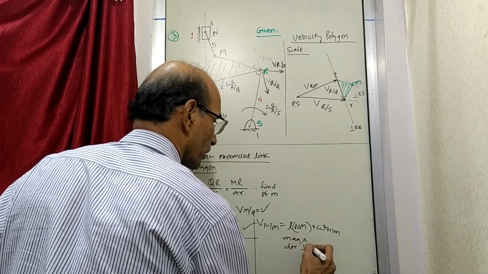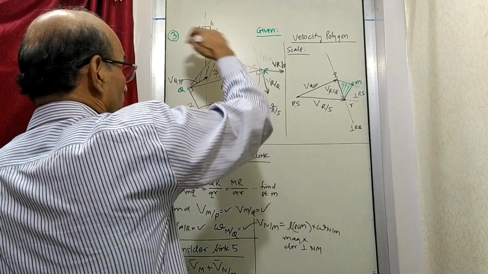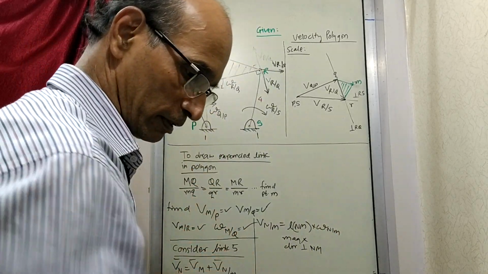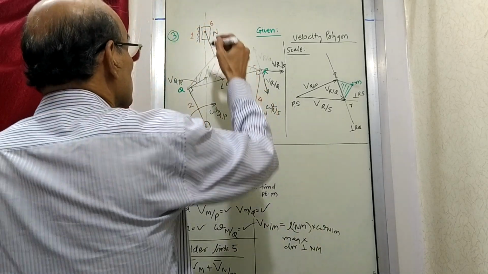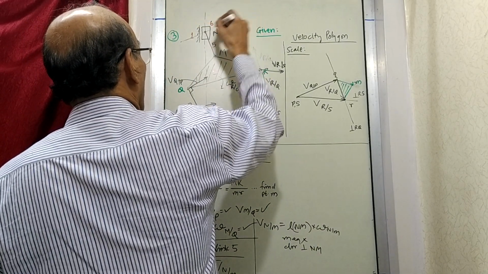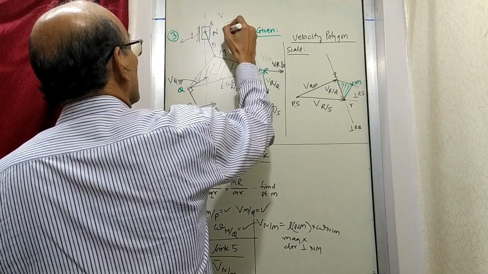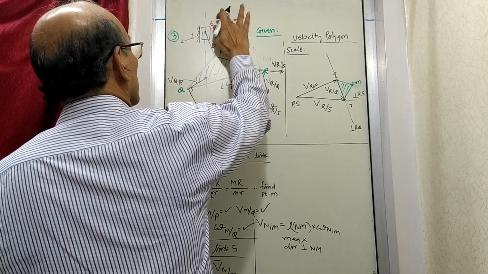Direction is perpendicular to Nm, like this. So that velocity vector, when you draw, it will come like this. Velocity of N with respect to M.